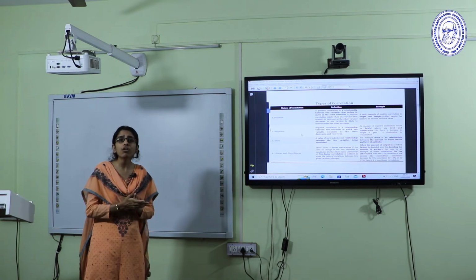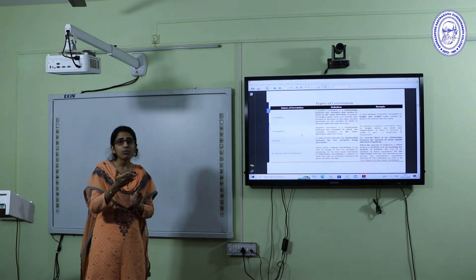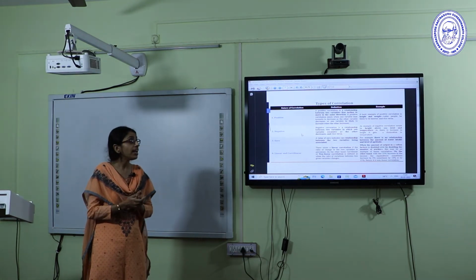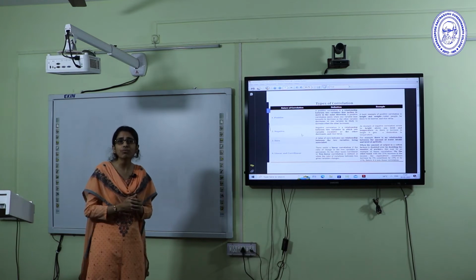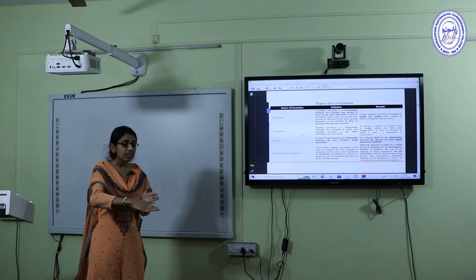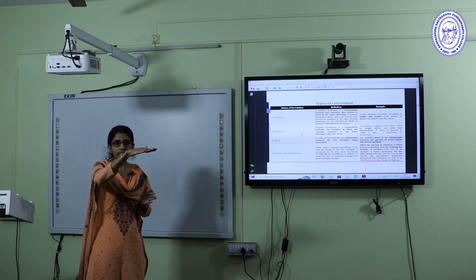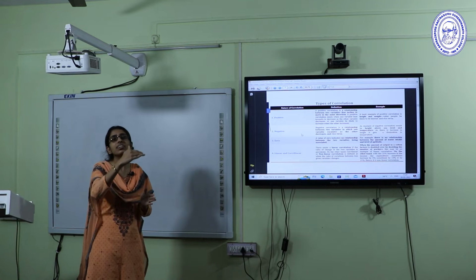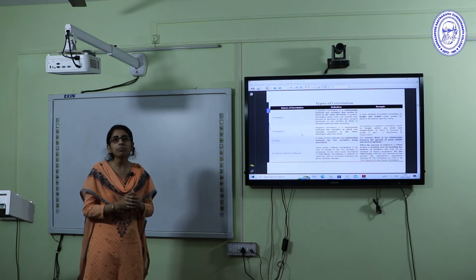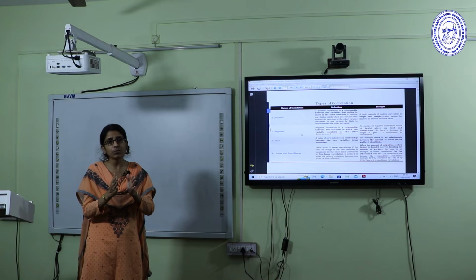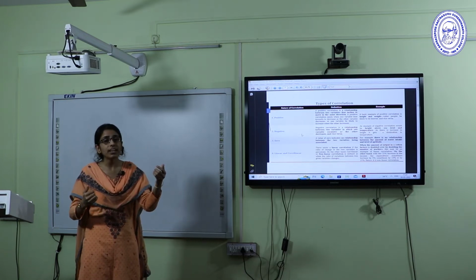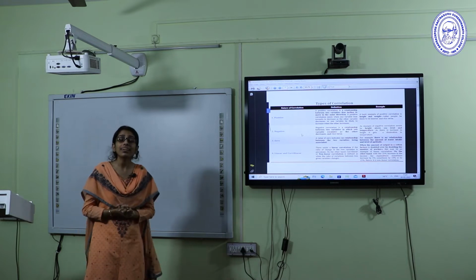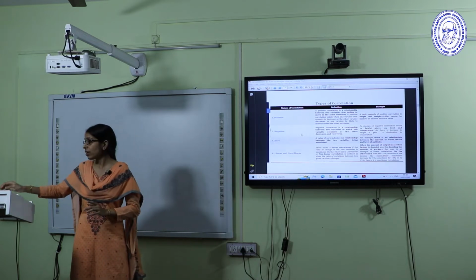From our daily geographical phenomena, you can take an easy example: the decrease of temperature with the increase in height. When we increase our height, there is a decrease in temperature. That means there is a relationship, but the nature of the relationship is in the opposite direction. That's why it is called negative correlation.